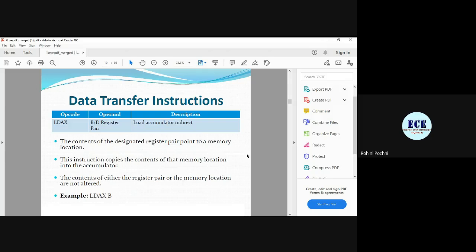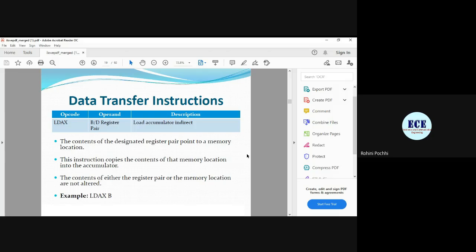Fourth one is LDAX. Operand is B or D register pair. If we are using 16-bit data, then we will use this operand as a pair. Description is load accumulator indirect. The content of the designated register pair points to a memory location.